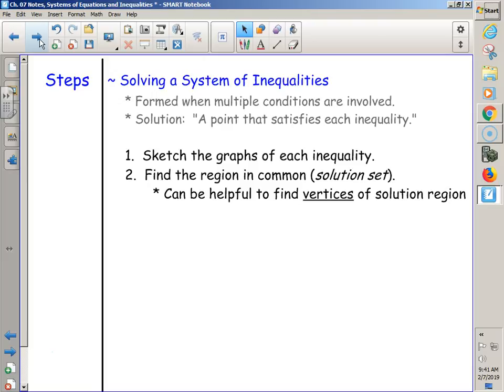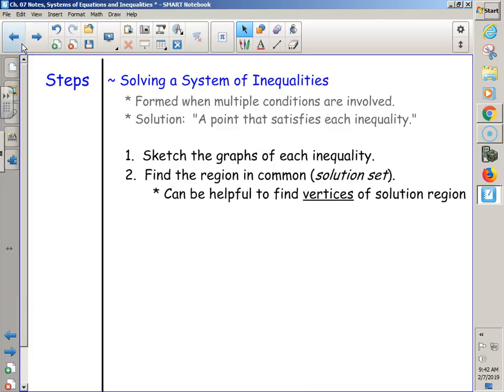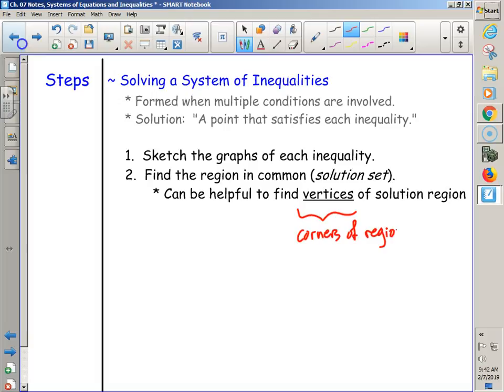But do you guys see an extra little note down below, above and beyond what we've talked about today? Vertices. Does that sound like corners? Vertices are, in some ways, the corners of the regions. And if you have multiple graphs coming together, what's going to form the corners?